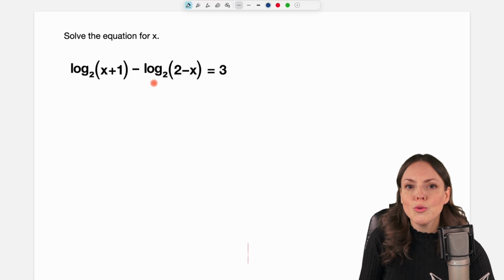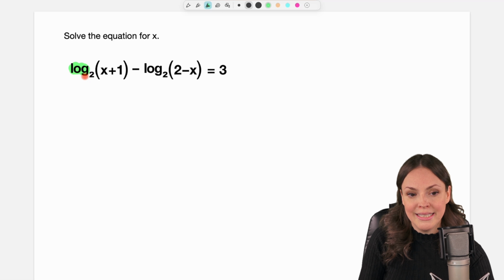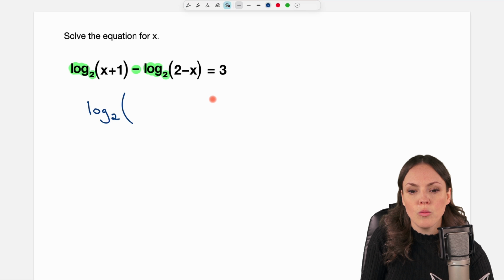Well, there are some rules when we play with logarithms. For example, if you have a logarithm here and you subtract another logarithm, the important part is they have to have the same base, what we have. Then there is a rule that tells us that we can write this as one big logarithm, not two separate ones, but we keep the base. And inside, we're going to have a fraction.